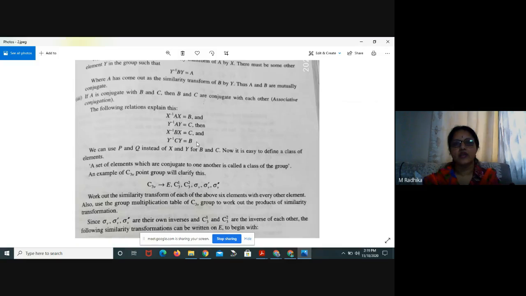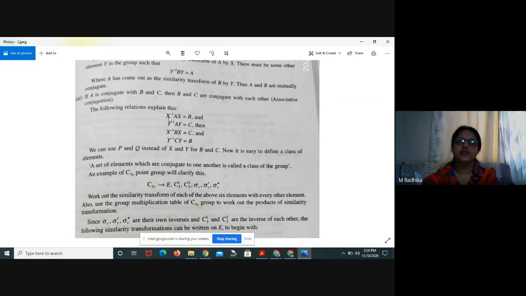Whenever I tell associative conjugation, we will have three symmetry elements, A, B, and C. So if I am telling that A is conjugate with B and C, then I can tell that B and C are also conjugate with each other. So this is simply nothing but your associative conjugation.